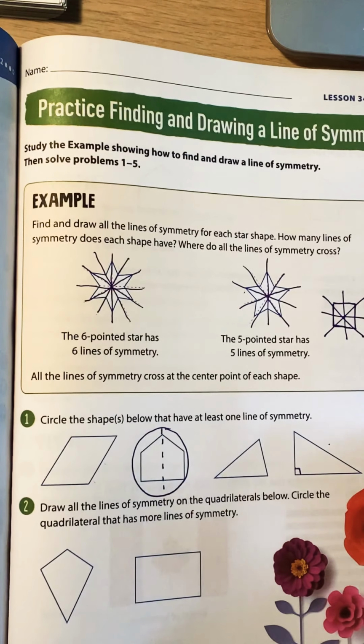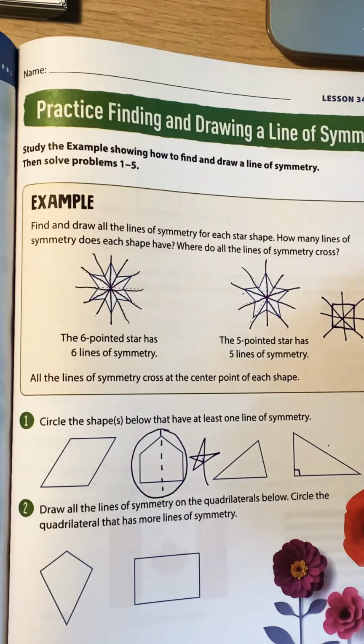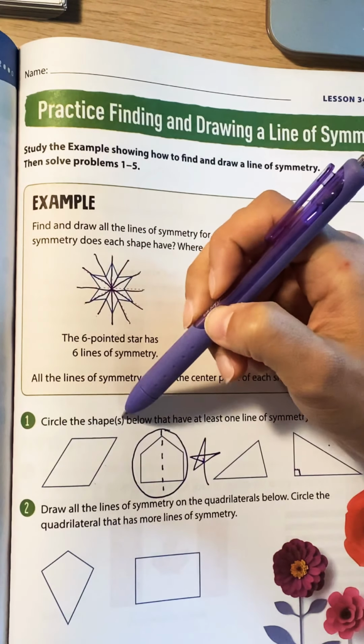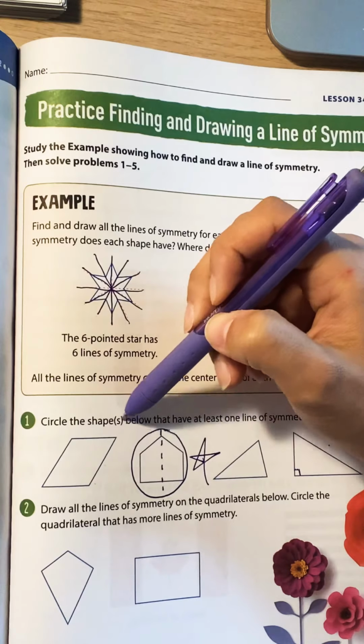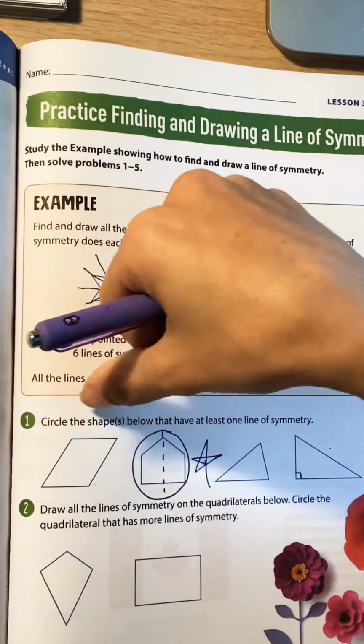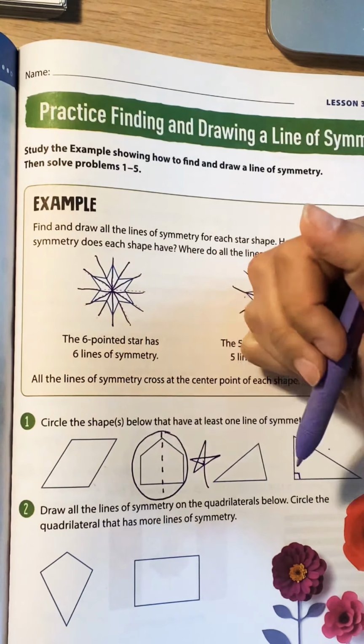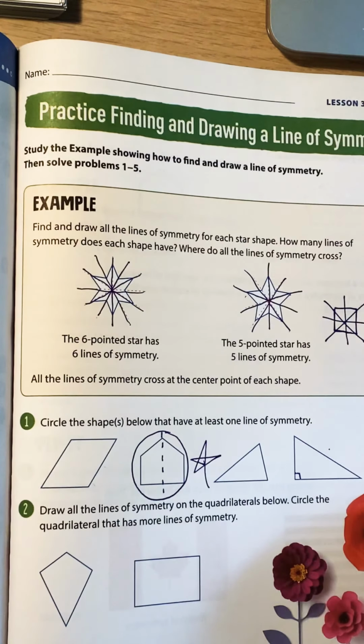Can't fold it anywhere to make those sides match. There's only that one. They try to trick you because it says circle the shapes, and the S is in parentheses because it could be circle the shape below, or it could be circle the shapes below. That makes it like an optional S, but there's only one.